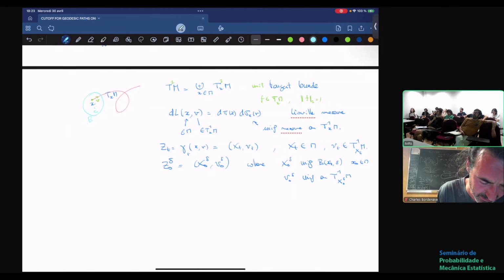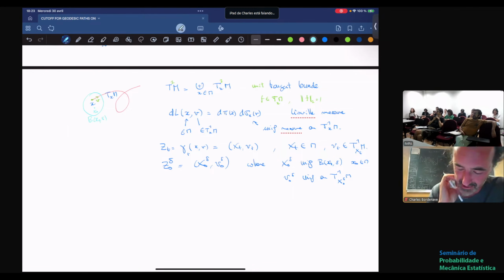Just a question. Would it also be possible to consider some uncertainty on the direction? Say you pick a direction, you take a small ball. Would it change? Yeah, it's an excellent question. If the distribution at the beginning is not too far from uniform, it would be fine.